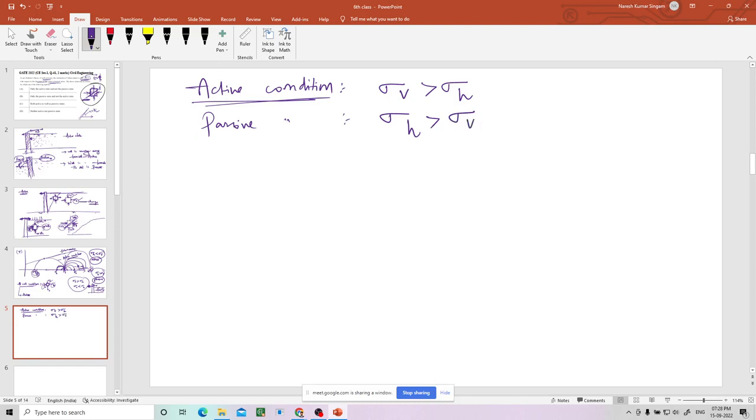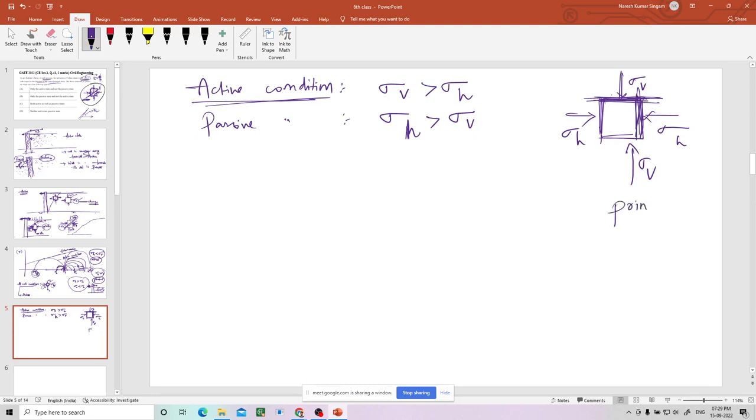Now let us take a soil element. In the soil element, sigma v is always vertical, of course, and sigma h is always horizontal. Now whenever you take the retaining wall and the soil element behind it, the vertical plane, this one, and the horizontal plane, these two are always principal planes.